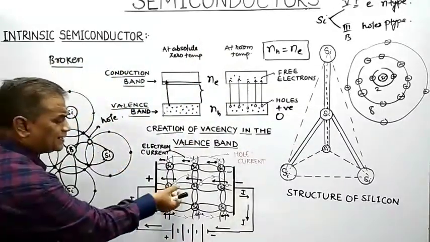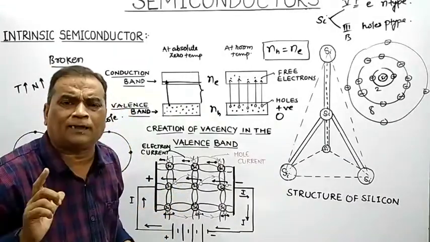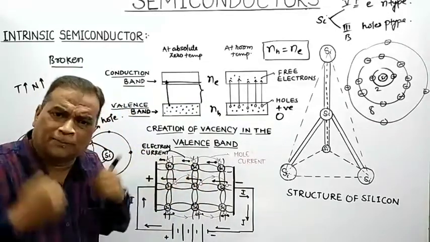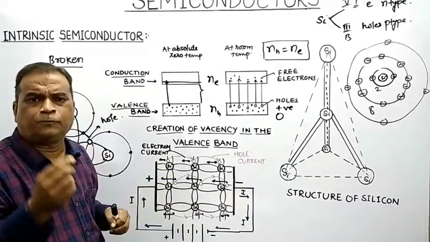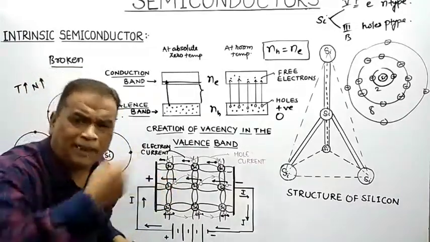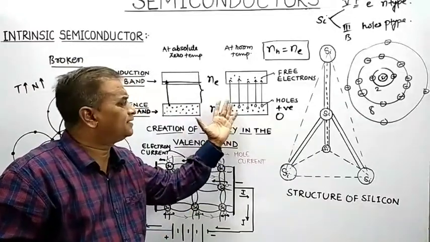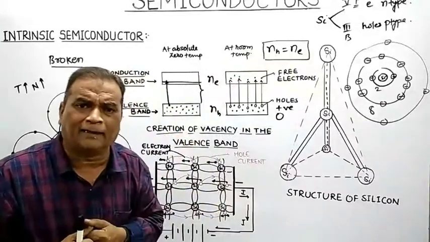Due to thermal agitation, a few of the covalent bonds are broken, and then the valence electrons receive thermal energy, and on receiving the thermal energy, their energy level rises, and they enter into what? The conduction band.